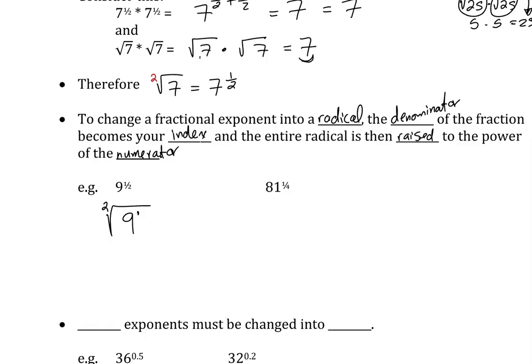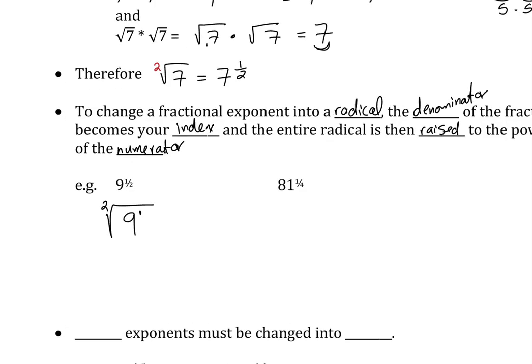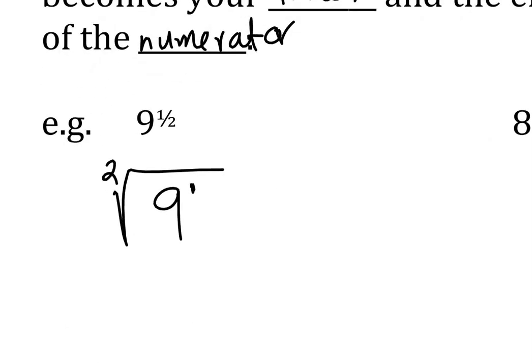I'm just going to use my highlighter here to see where you get these numbers, okay? So I'm going to zoom in here. This 2 matches up with this 2. This 9 matches up with this 9.